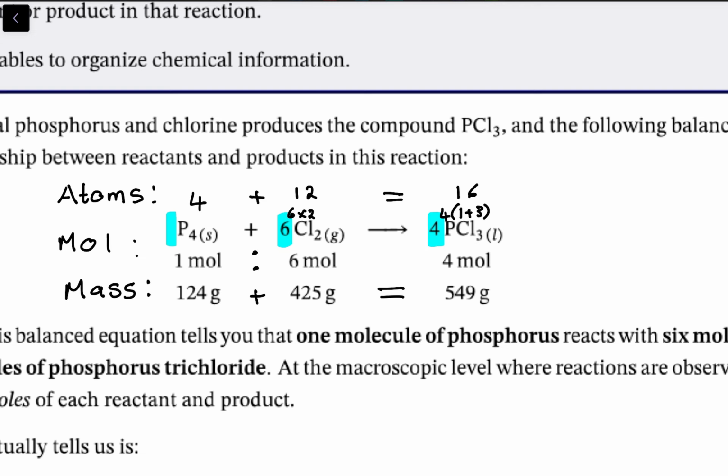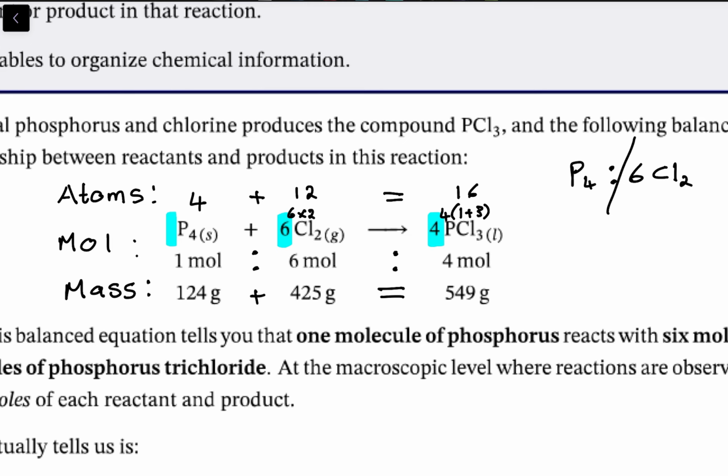So we actually need to look at those numbers as a ratio concept. It's not a sum, like the law of mass conservation. It gives us the ratio in which things react and form. So 1 mole of phosphorus reacts with 6 mole. It's not a sum anymore, it's a ratio, so it means kind of like a divide. You say P4 ratioed to 6 Cl2, and in mathematics that means we divide.